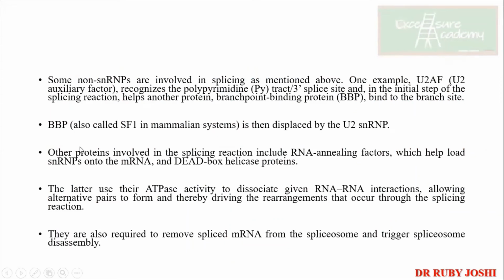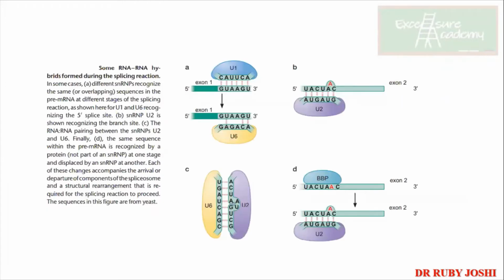So what is BBP? BBP is nothing but the branch point binding protein. So there are certain non-snRNPs which are involved in splicing. For example, U2AF. AF is for auxiliary factor, meaning it helps you. So U2, we just saw, binds to your exon 2. So this U2 has subsidiary proteins.